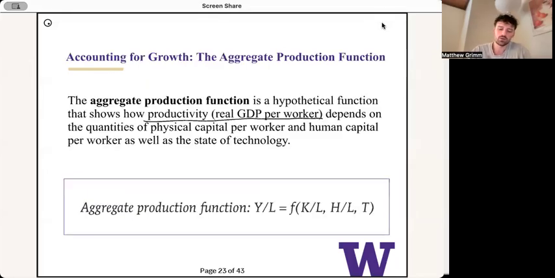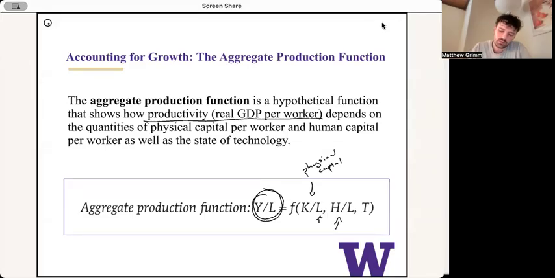Now we're going to make a function where labor productivity, which remember we defined as Y over L, is going to be a function of physical capital, and we're dividing by the labor. So how much physical capital does each worker have?